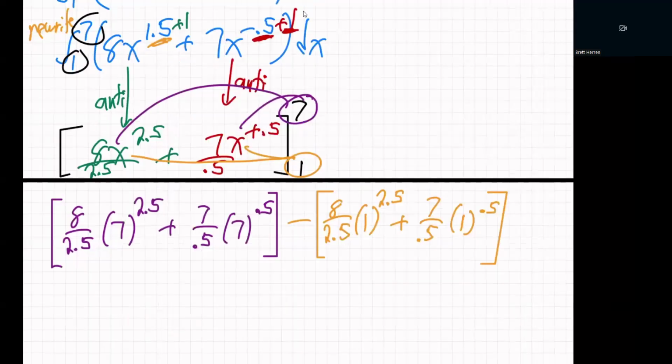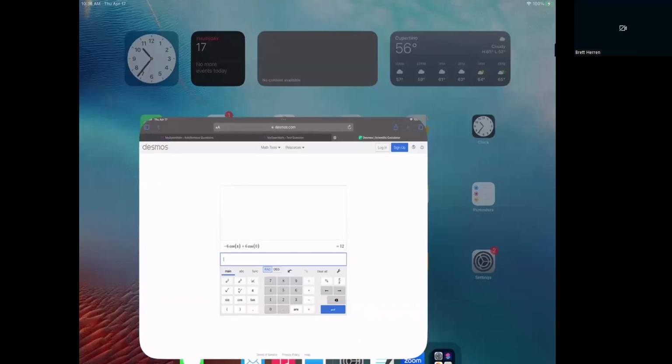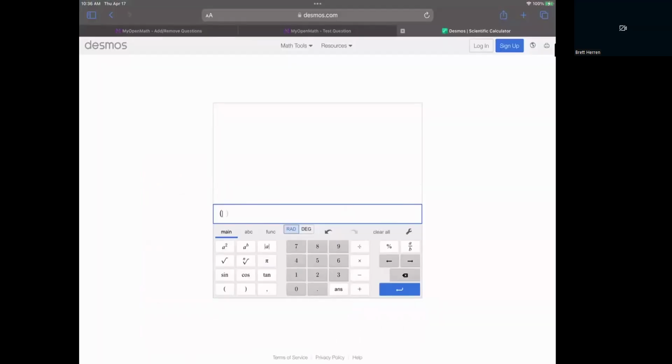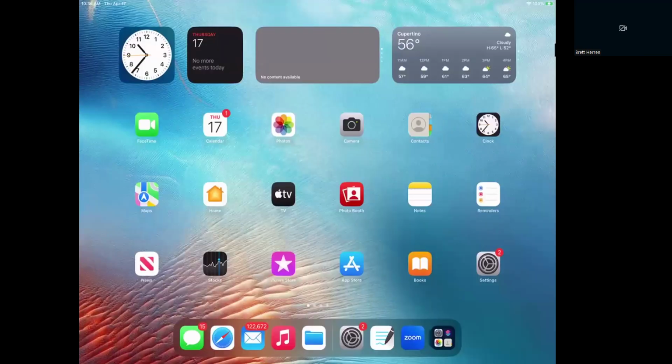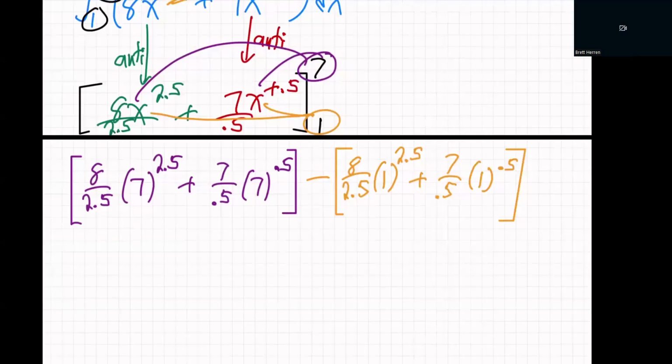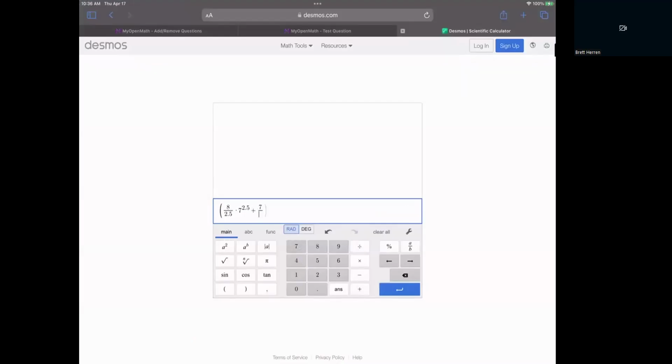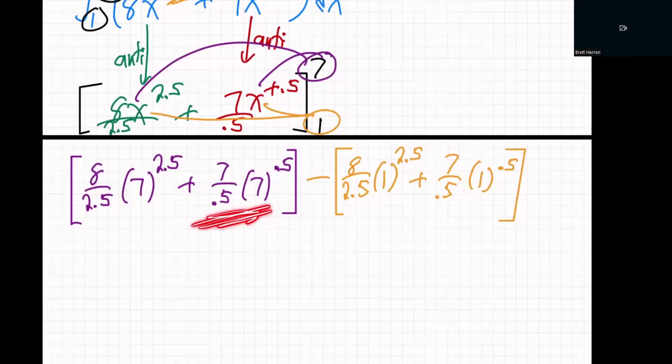Let's go to decimal now. So 8 over 2.5 times 7 to the 2.5 plus 7 over 0.5 times 7 to the 0.5, minus.